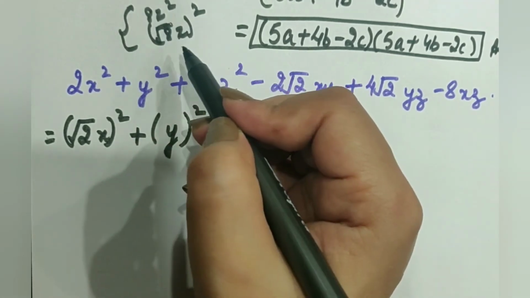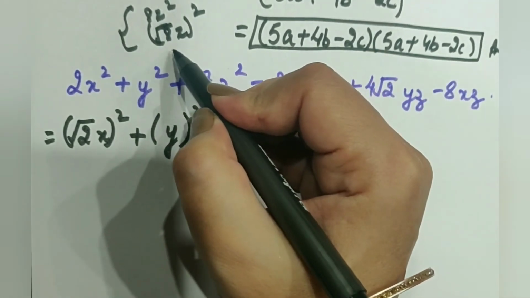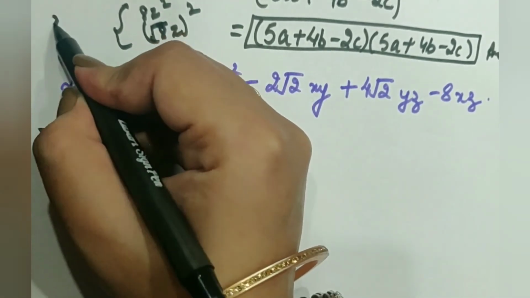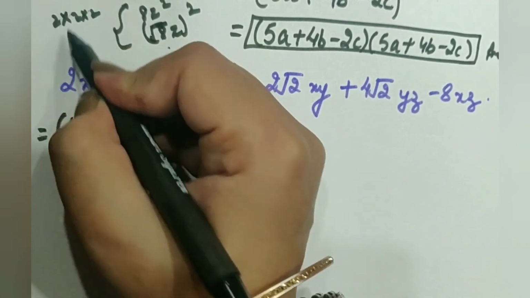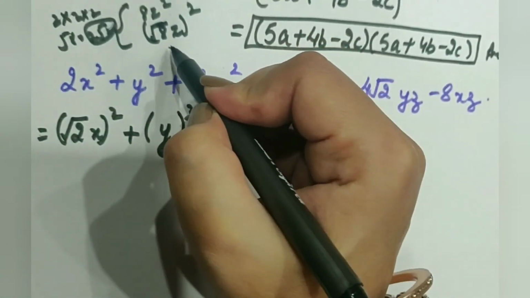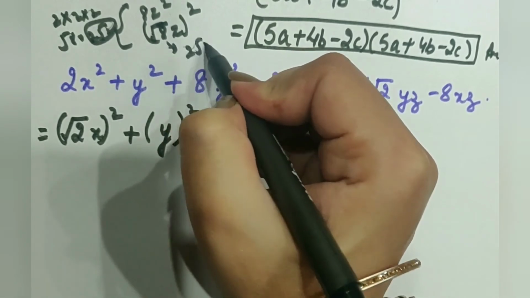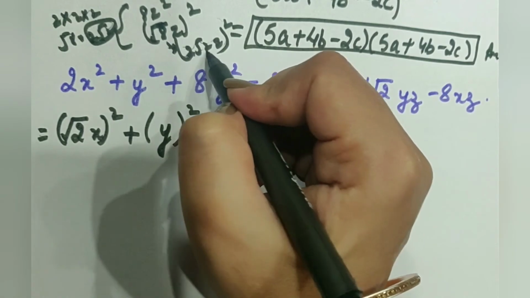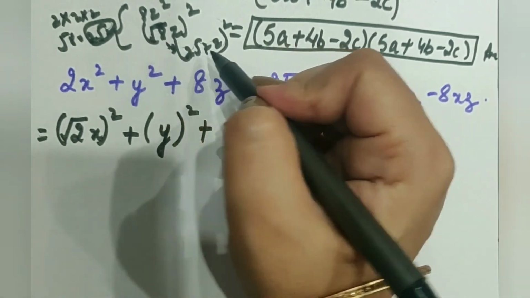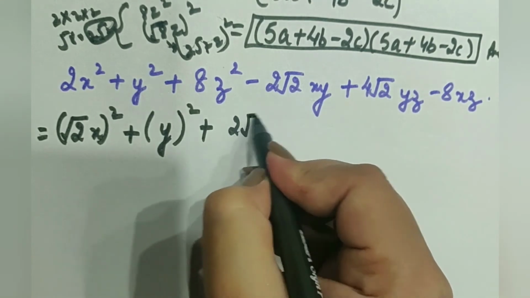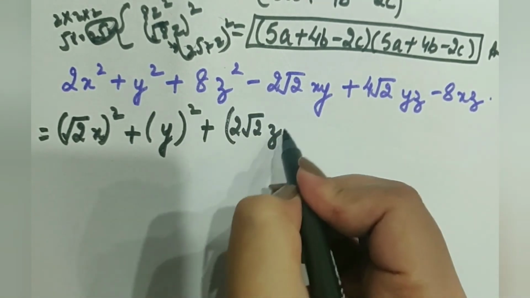Now see, this root 8 z square can be written as, we know 8 is 2 into 2 into 2. So root 8 can be written as 2 root 2. So this can be written as (2 root 2 z) whole square. I have simply substituted 2 root 2 in place of root 8.